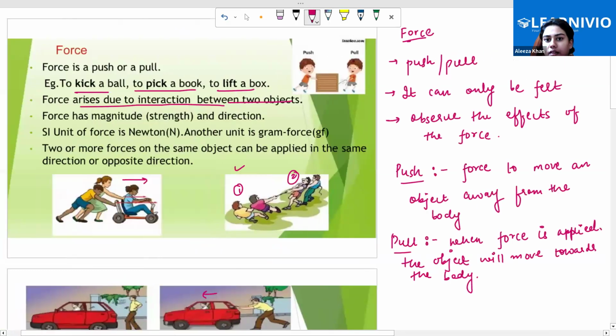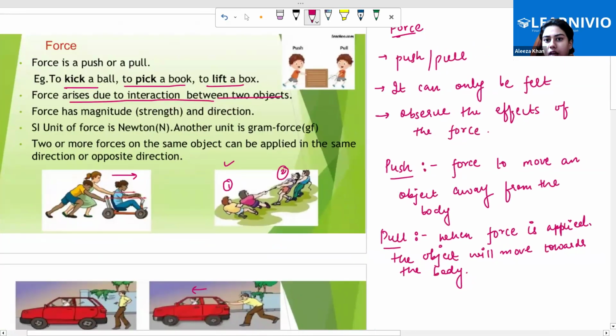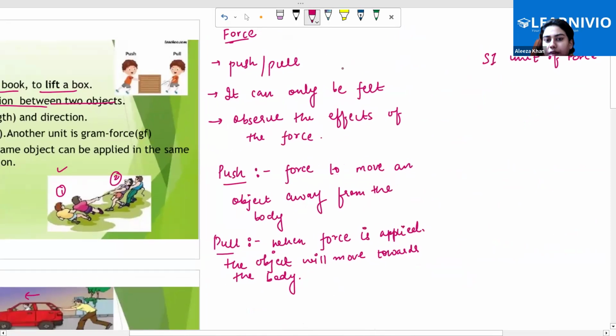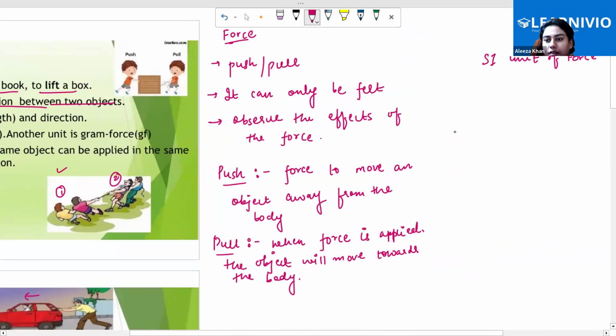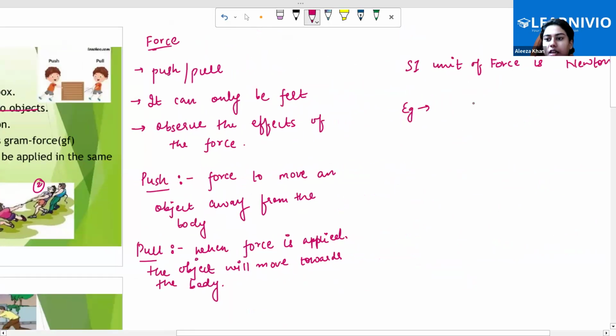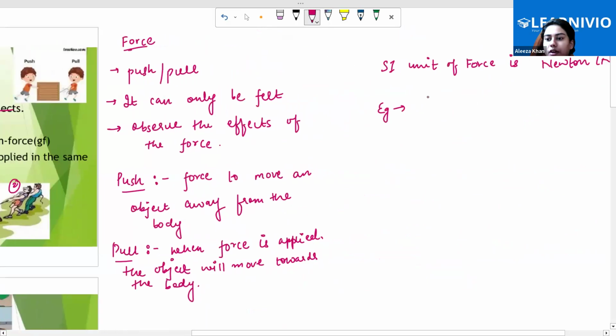I request you to please write all these points, whatever I have written. You can give the example also. May I bring a notebook? Yes, you have to write all these things in your rough notebook.